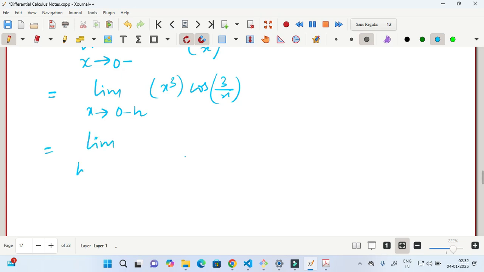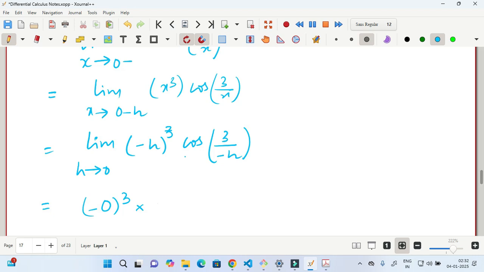limit h tends to 0. In place of x we have to put minus h. So it is minus h whole cube cos of 3 by minus h. So 0 minus 0 whole cube into cos of 3 by minus 0.